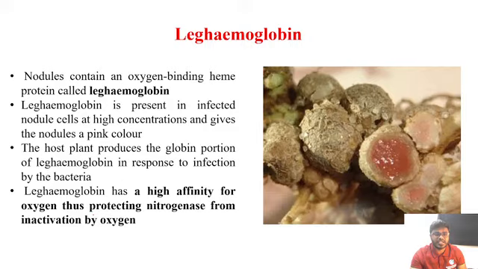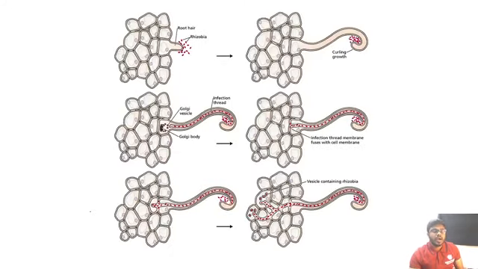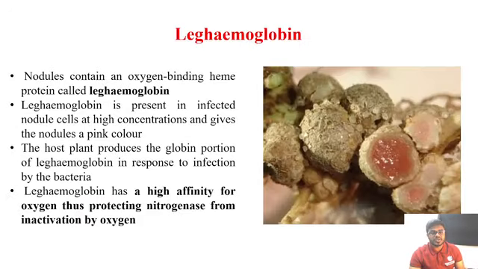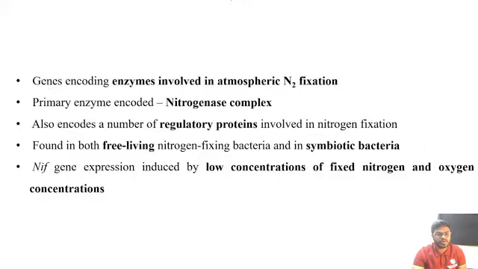That also we finished. Later we understood how exactly the symbiotic relationship is happening. Then we produce root nodules. We also understood that the root nodules contain an oxygen binding hemoprotein, which we generally call what, friends?